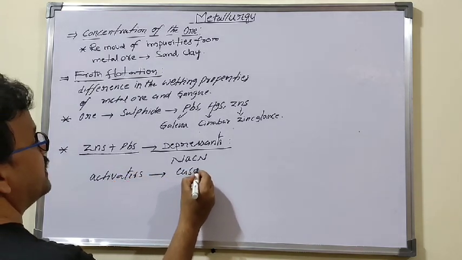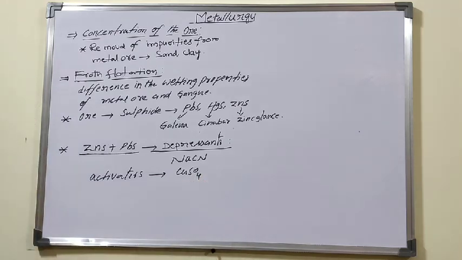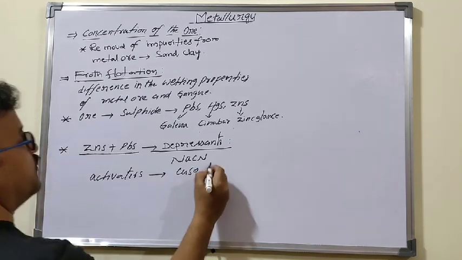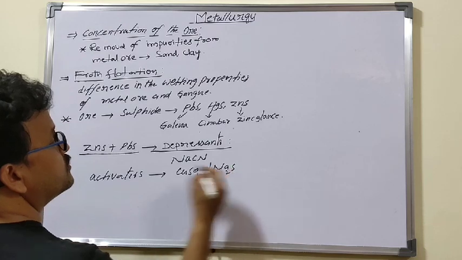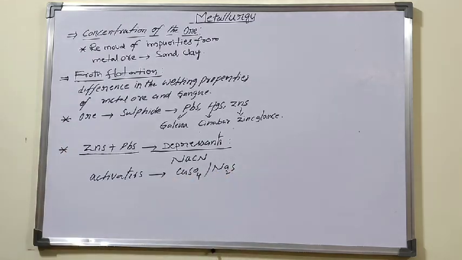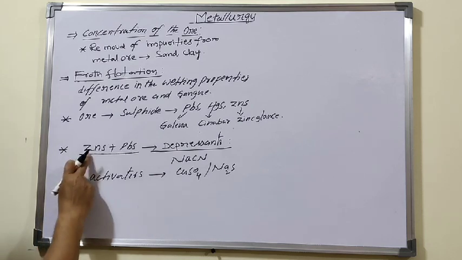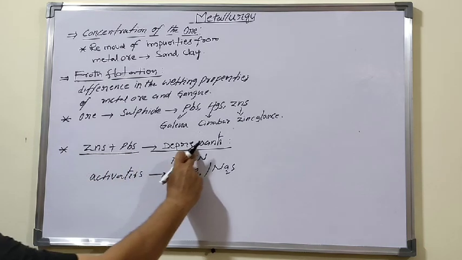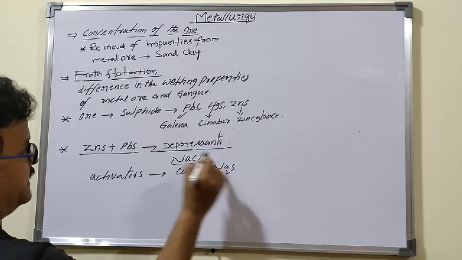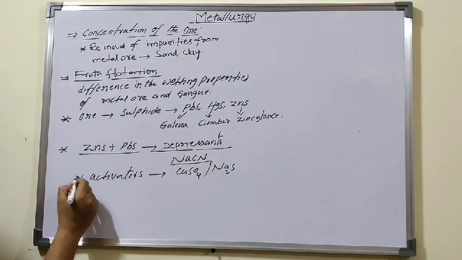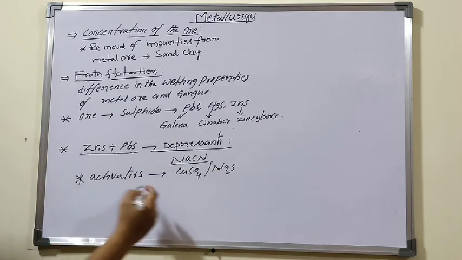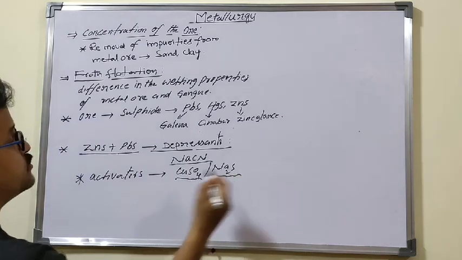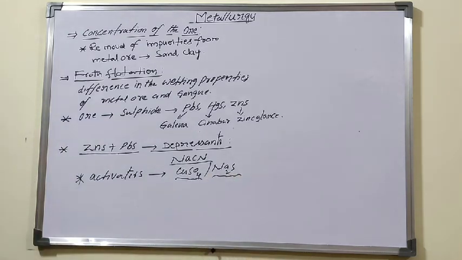Copper sulfate or sodium sulfide. If the ore has two types of particles, zinc sulfide and lead sulfide, we use depressants like sodium cyanide, and an activator is also added, maybe copper sulfate or sodium sulfide.